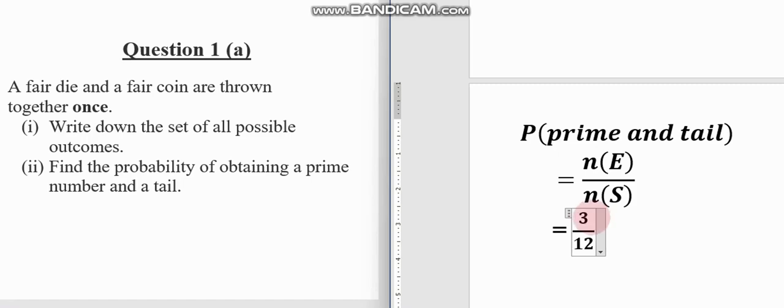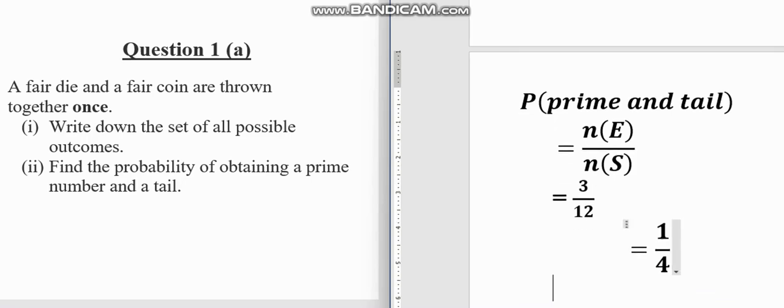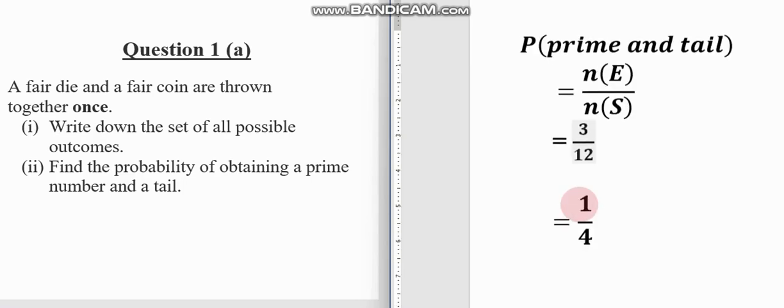So it's going to give us 3 over 12. But 3 over 12 can be simplified. When we simplify 3 over 12, we are going to get 1 over 4. And this will be the probability for a prime number and a tail, which is 1 out of 4.